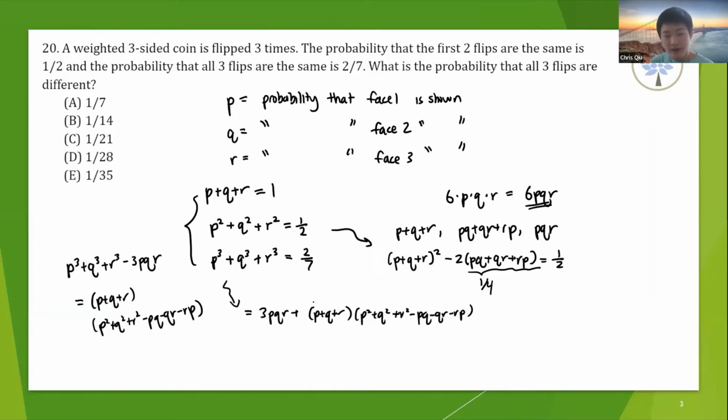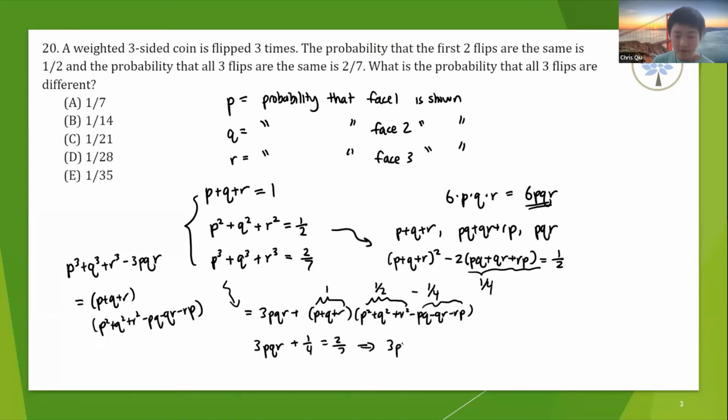And we already know that P plus Q plus R is equal to 1, and also P squared plus Q squared plus R squared is equal to 1/2, and PQ plus QR plus RP is equal to 1/4. So this equation can be rewritten as 3PQR plus 1/4 is equal to 2/7.